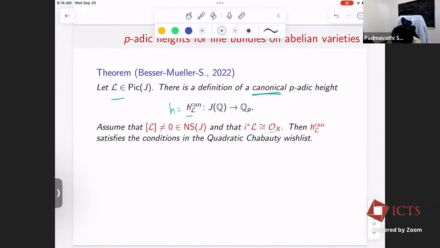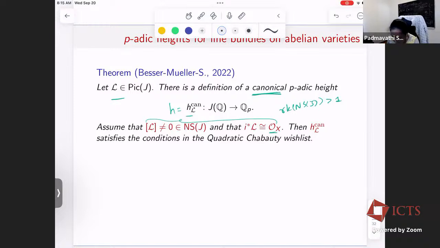You can find such line bundles provided your Néron-Severi group has sufficient rank. If the Néron-Severi group of the Jacobian has rank larger than 1, you can find a line bundle on the Jacobian whose restriction to the curve has degree 0, but then you can twist it to make sure that it's actually trivial on the nose.